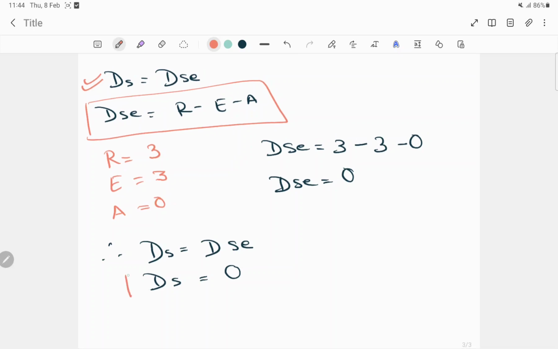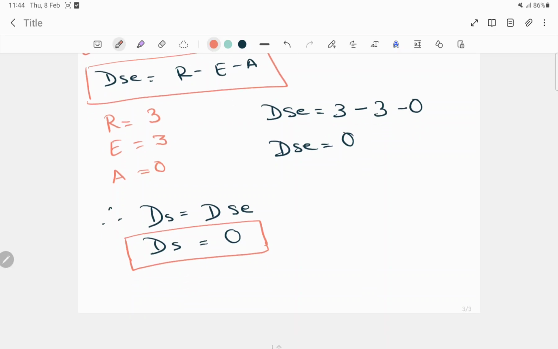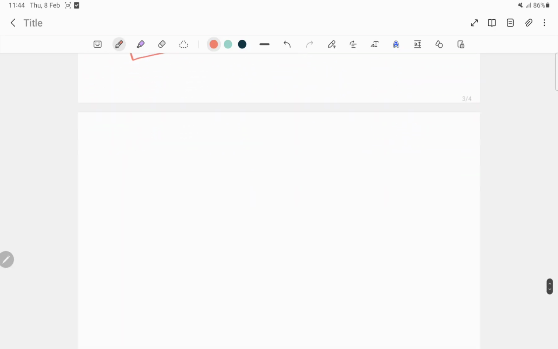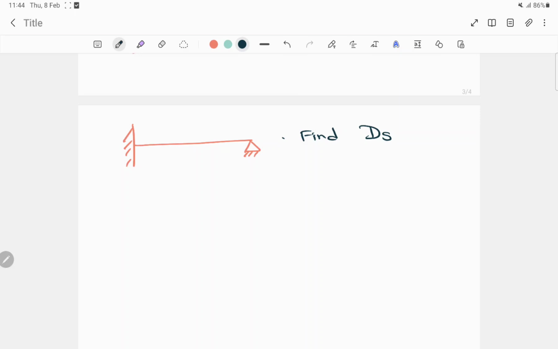So for this type of beam the static indeterminacy is 0. Again, one more example I'll show you, where one side is fixed and the other side is a hinge support. Here also there is no internal hinge, so we have to find the DS.